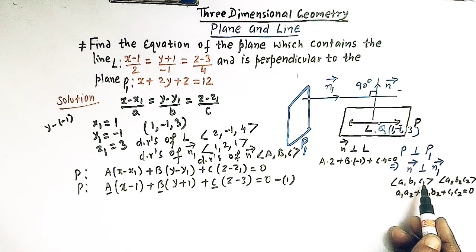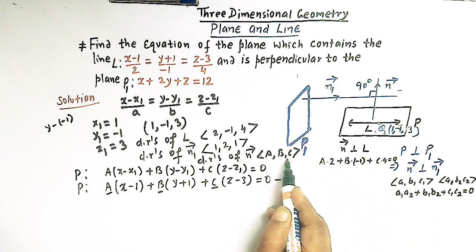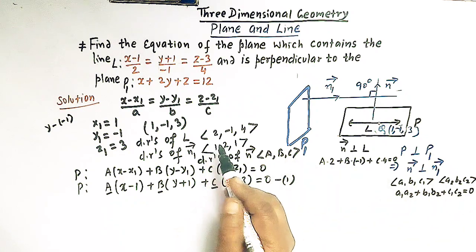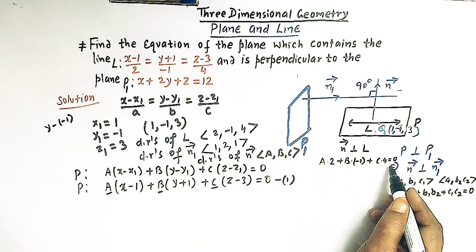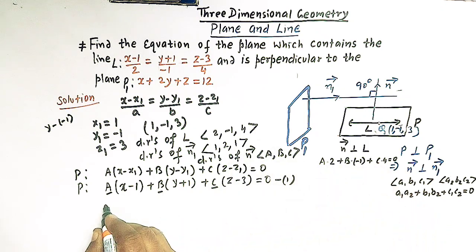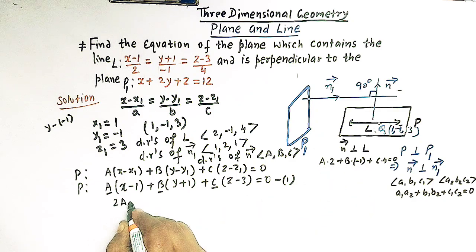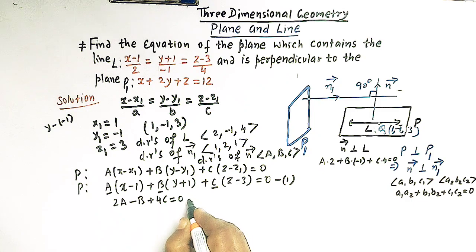So here a1, b1, c1 may be taken as capital A, B and C, and a2, b2, c2 may be taken as 2, minus 1 and 4.